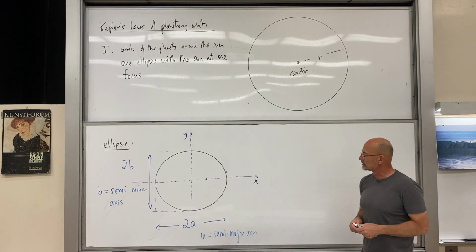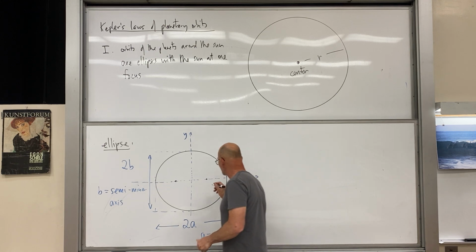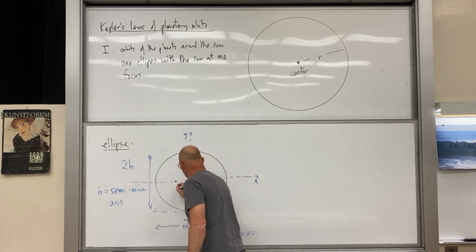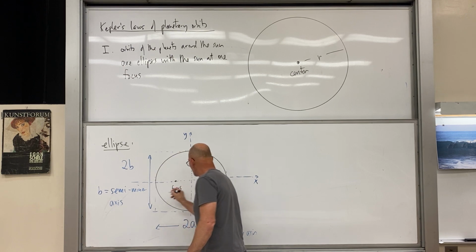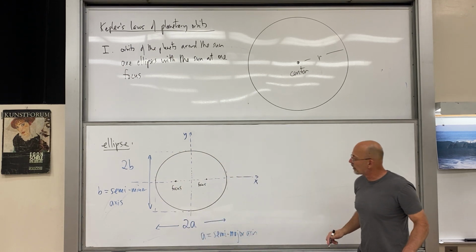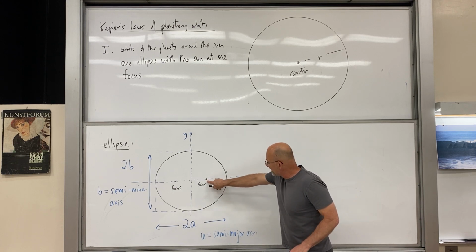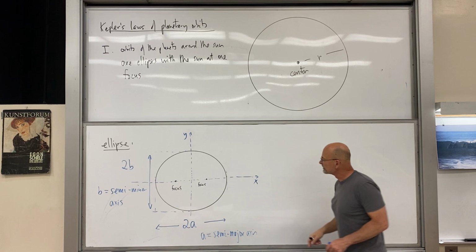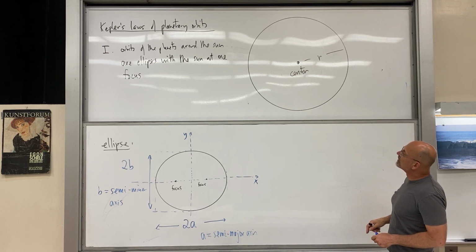Okay, so there's the construction, and I'll just write here focus. And here's a focus. So in terms of a planetary orbit, we would have, say, the sun right here and a planet out here on the ellipse orbiting.